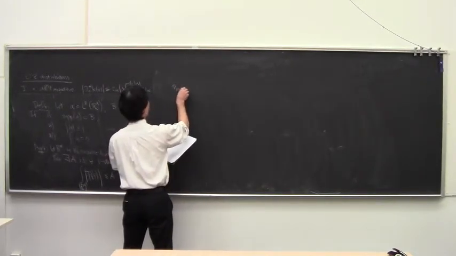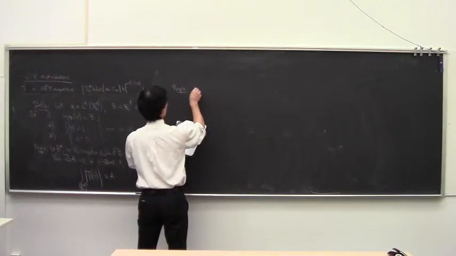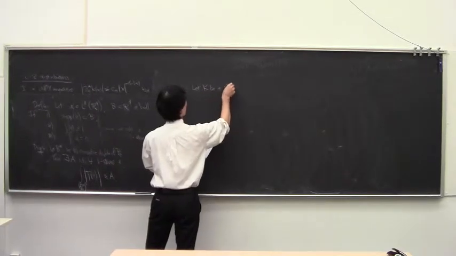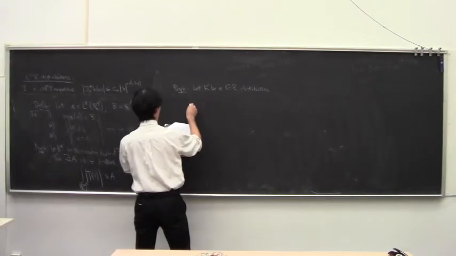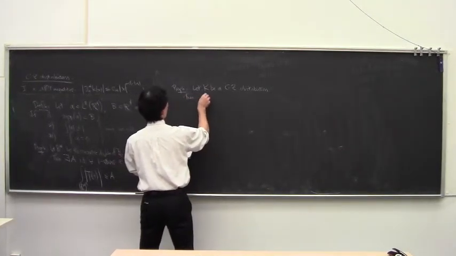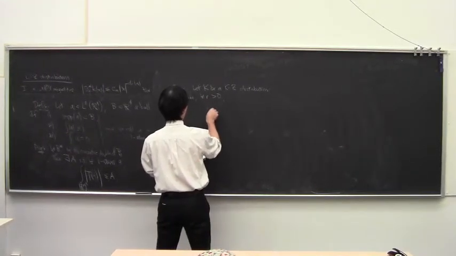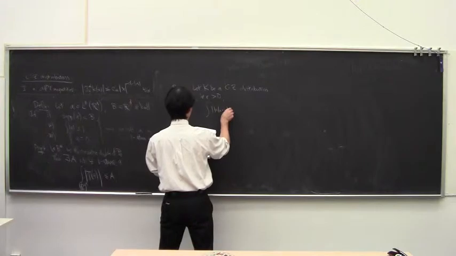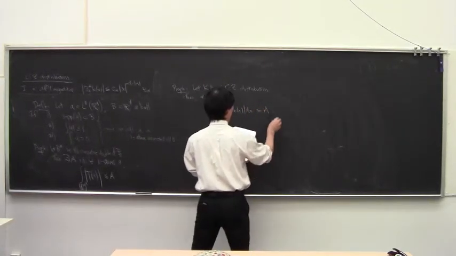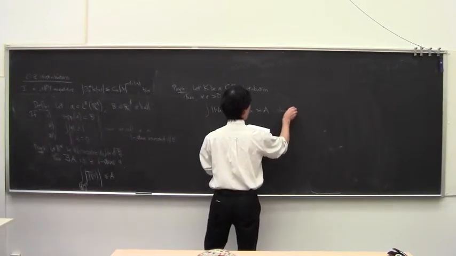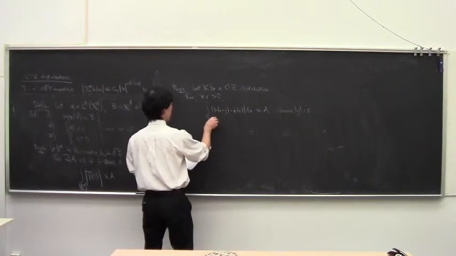Before we get there, we'll need an intermediate proposition. Let K be a Calderón-Zygmund distribution. Then, for all r greater than 0, the integral of the absolute value of k of x minus y minus k of x dx is bounded by a constant, whenever y in absolute value is less than r, integrating over x greater than 2r.